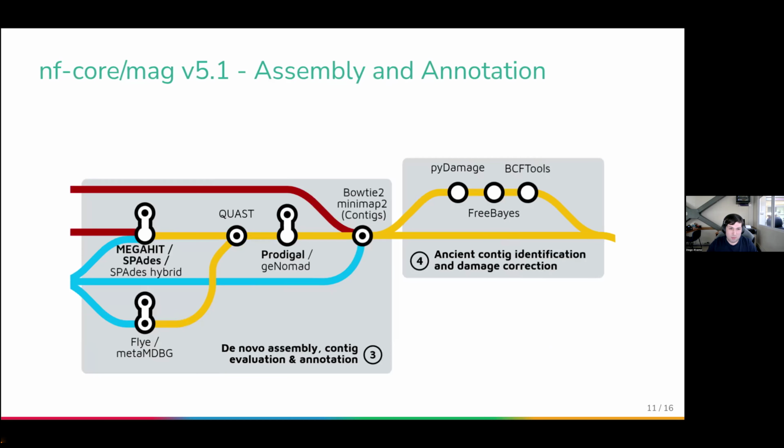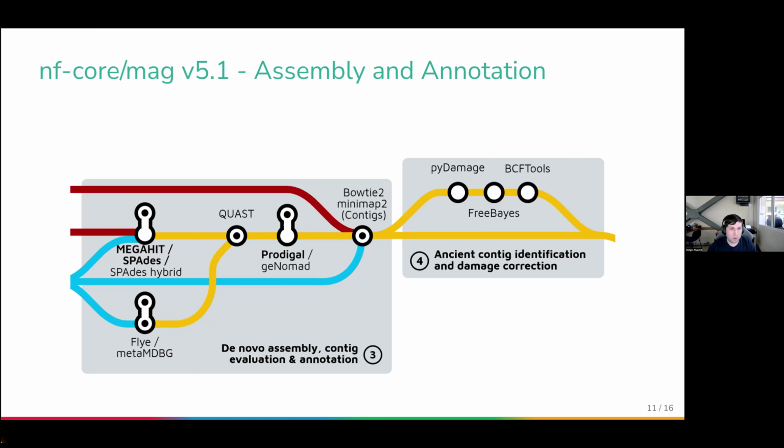Next, we have the assembly itself. So we can do the assembly in three possible options. We can assemble in short read only mode with SPAdes and MEGAHIT. If we also have long reads in the same sample, we can do hybrid assembly with SPAdes also, but in hybrid mode. And for long reads only, we have Flye and metaMDBG.